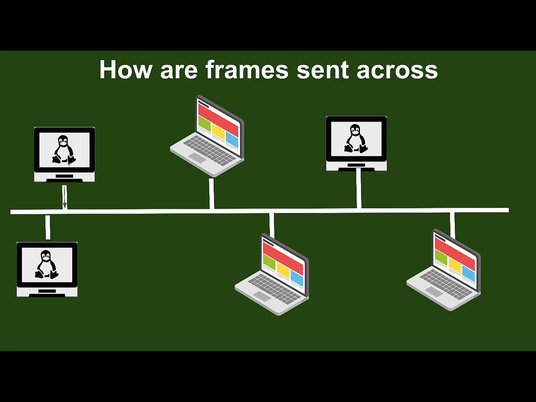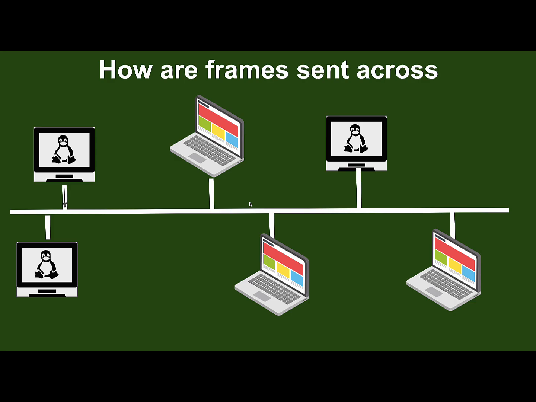So this PC first does sensing. This process is called sensing, wherein it checks if there is any voltage, because at the physical layer it's always ones and zeros. It checks whether the medium is free, and senses whether there is a communication already happening or not.